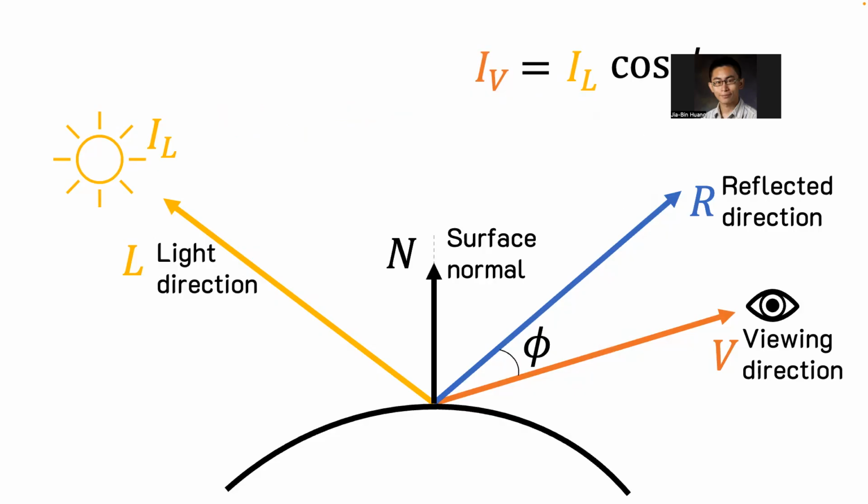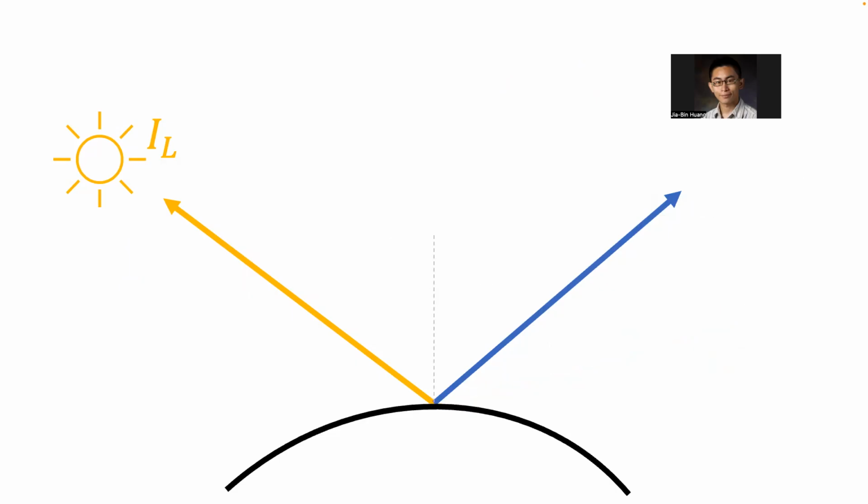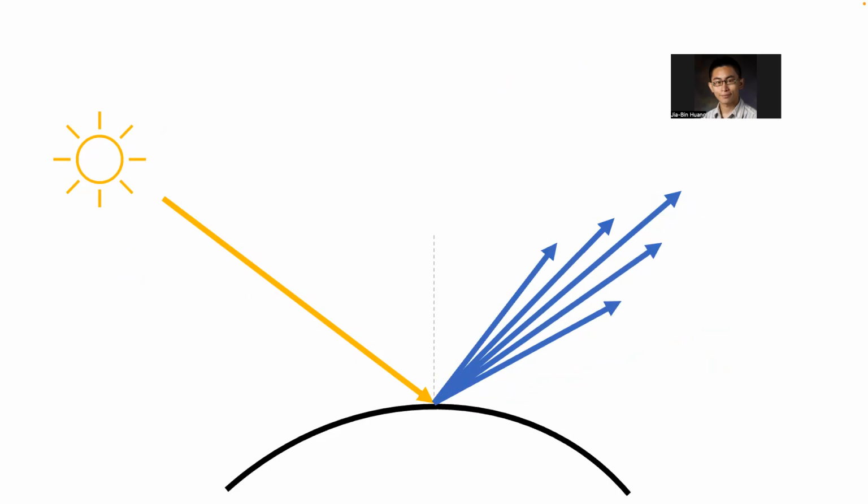So what I want to characterize is this behavior. I have a reflection, I have a surface, and I want to characterize this reflection behavior so that I can use it for modeling and so on.